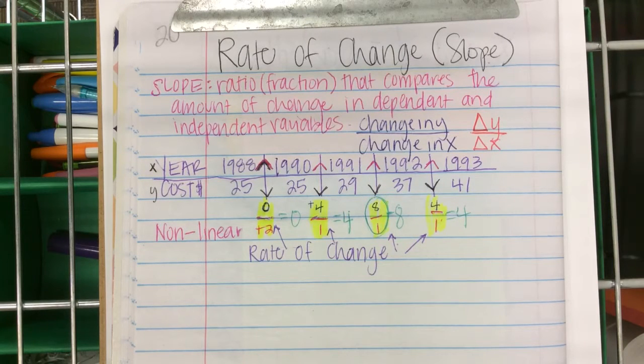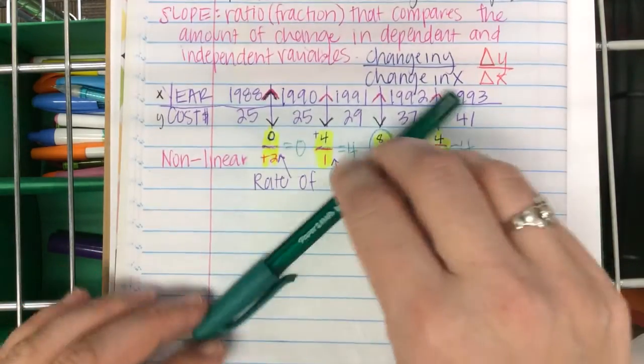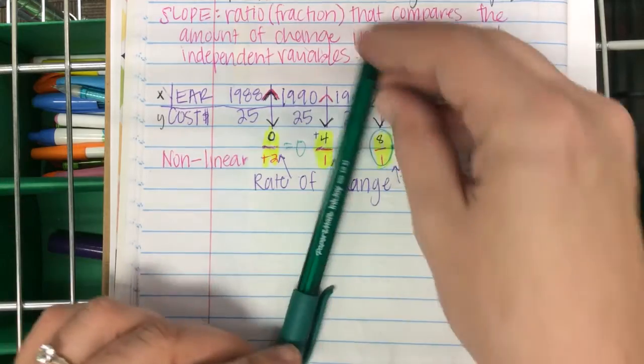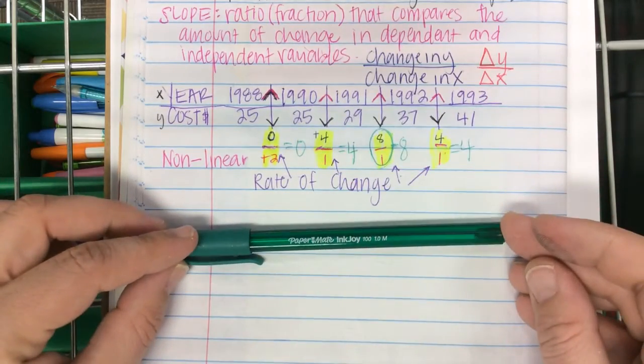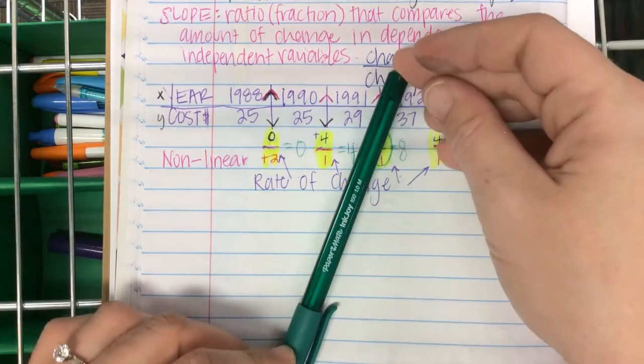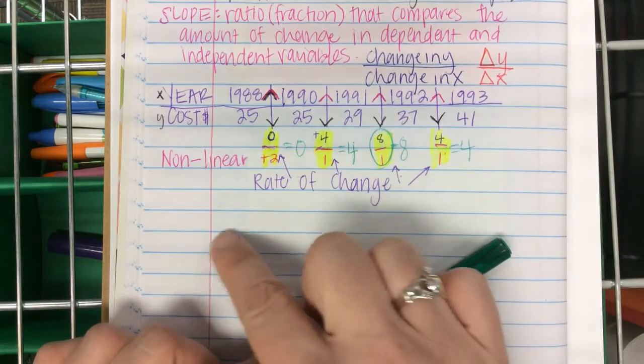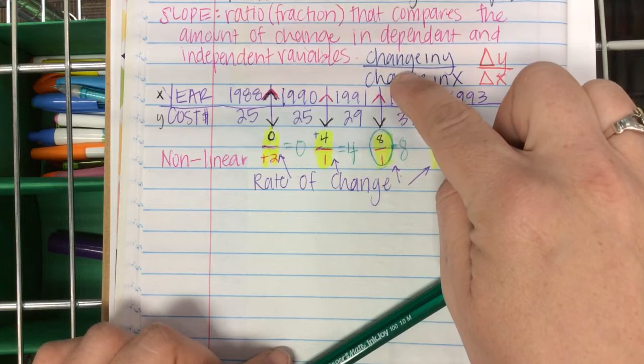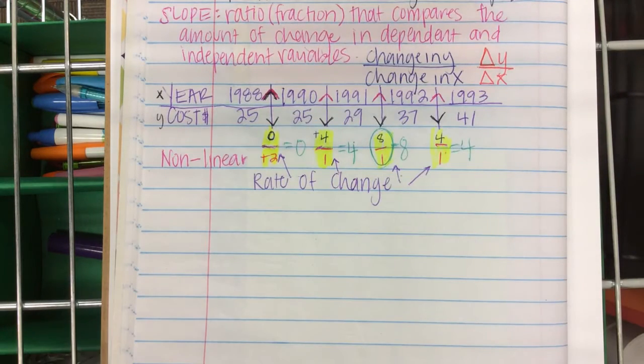If I was going to graph that, do you think a greater rate of change is steeper or flatter? Steeper. This part of the graph, if it was a picture, they'd all be going up, but this one would go up quite a lot. It would have a drastic, more incline.